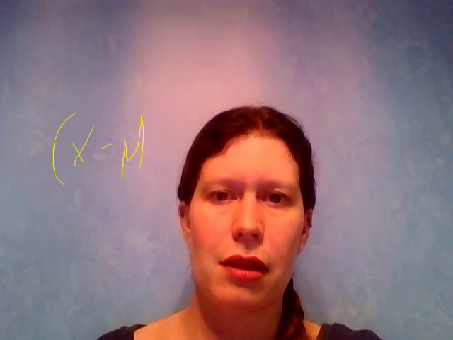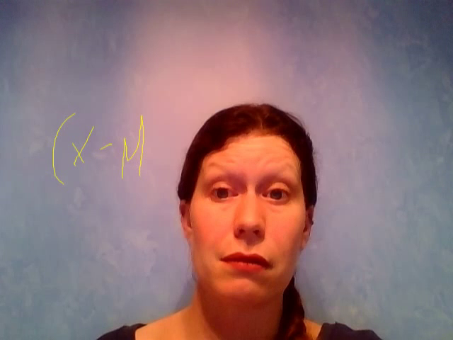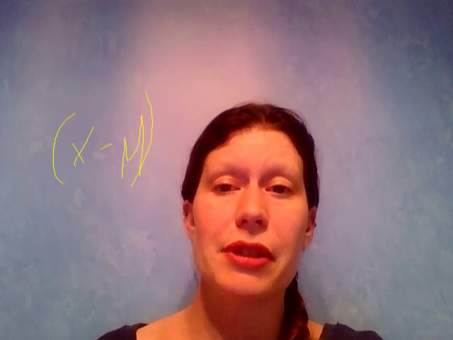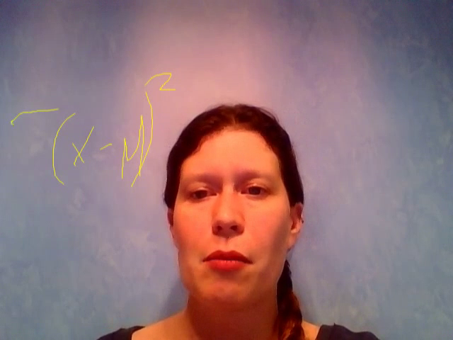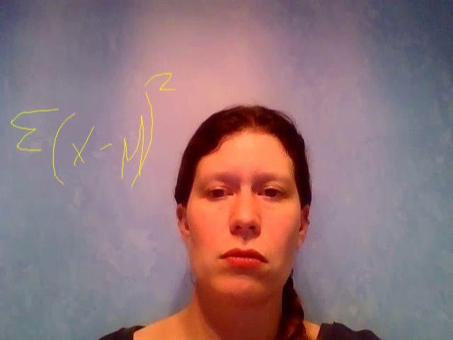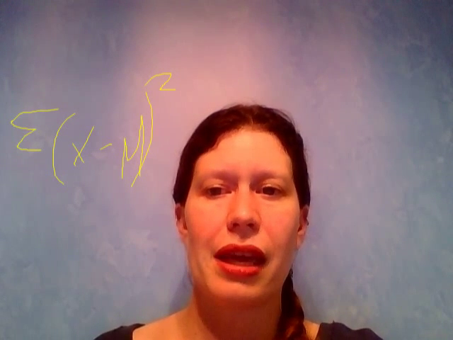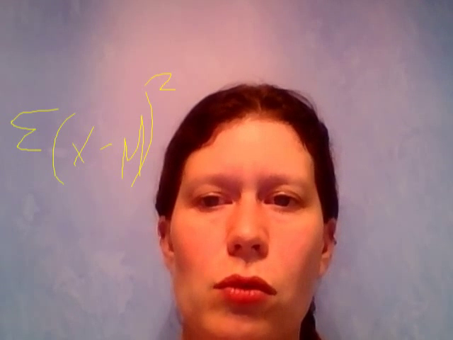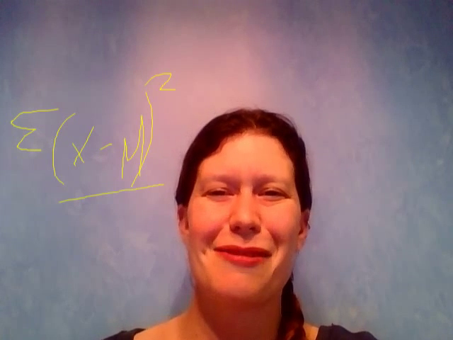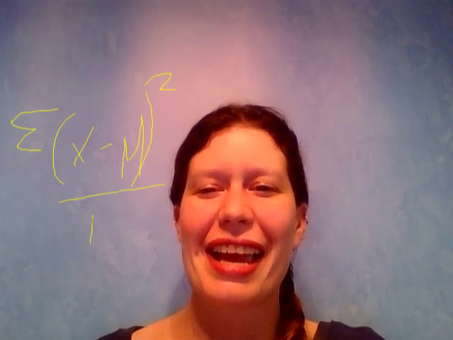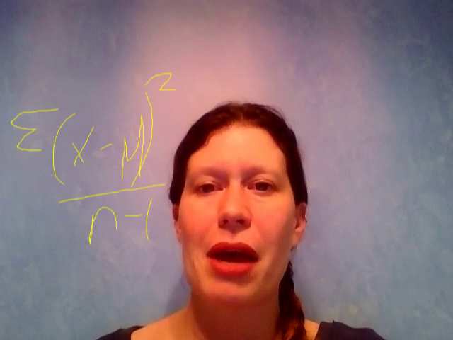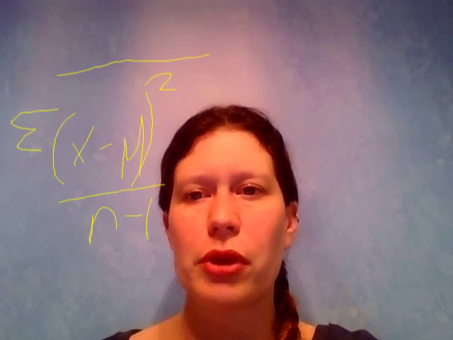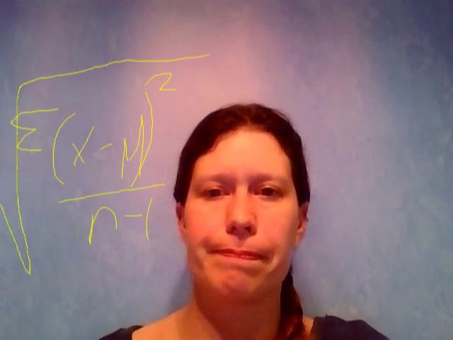We'll call that the mean. We take those differences and square them. We sum all these values. We then divide them by n-1, and we'll talk about why in a second. And we take all of this and we put it under a square root.